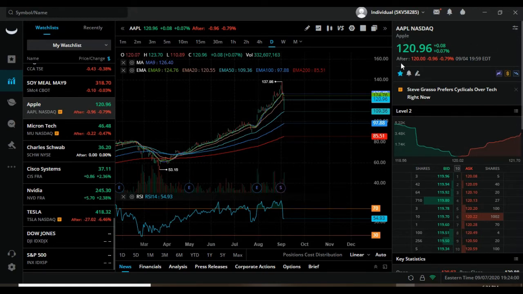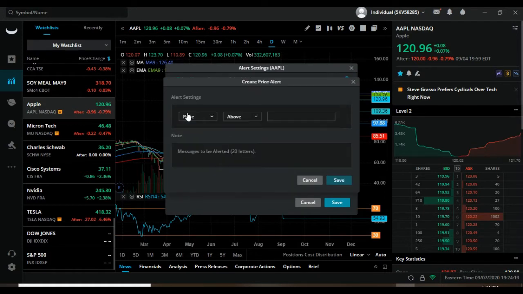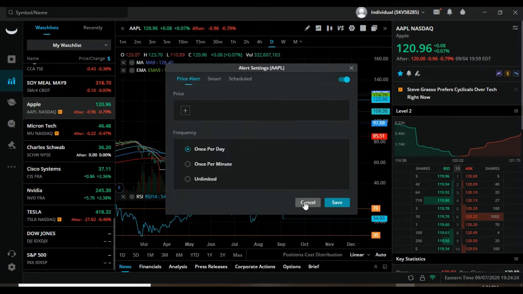You get the price, the aftermarket, the percentage gains, the date, the last tick time, which is 7:59, and the latest news. You have the ability to add to a watch list if it's not already there. You can set an alert for if the stock hits a certain price, percent gain, volume, and so forth.